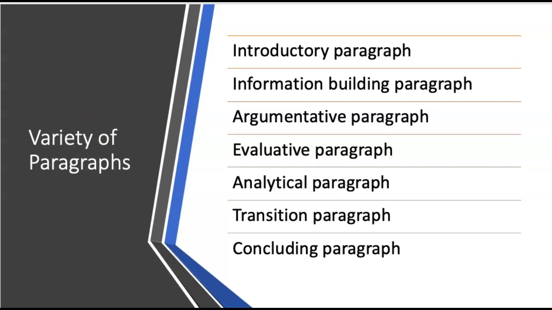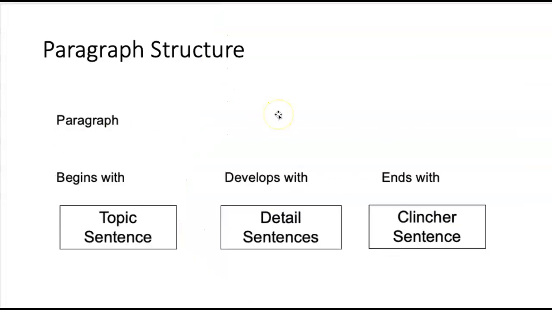Now, here's another take on the paragraph structure, and I will be using certain elements of this. This is taken from an American university website, and they argue that you should be using a topic sentence, a detail sentence, and a clincher sentence. The reason why I've included this short diagram will be clear as I go on, because I want to give you an idea of what a clincher sentence is.